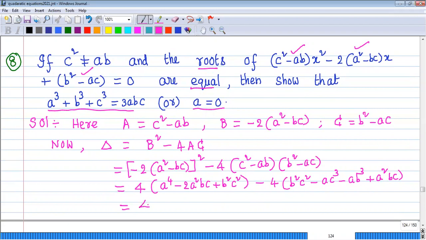If you take 4 common, what do you get now here? a power 4 minus 2a square bc plus b square c square, so minus b square c square, minus into minus plus ac cube, minus into minus plus ab cube, so minus into minus, minus into plus, minus a square bc. Any cancellation we can do? Here b square c square minus b square c square cancel. The remaining will remain, then it is equated to 0, so that you will get the answer.